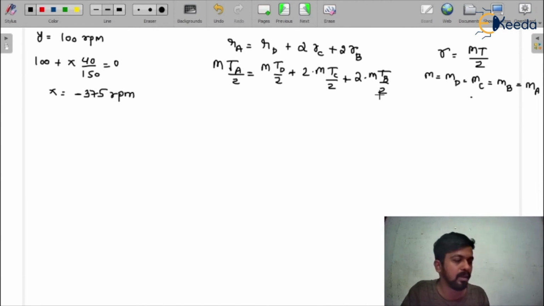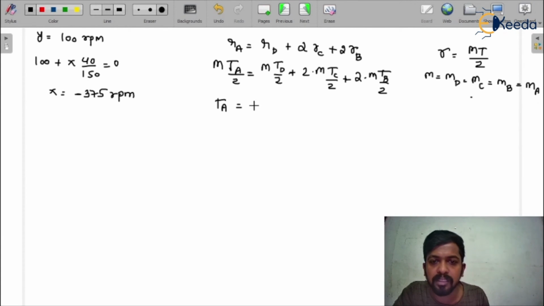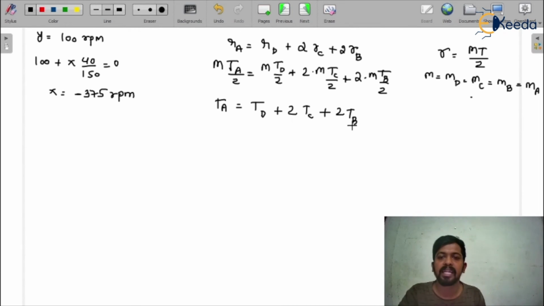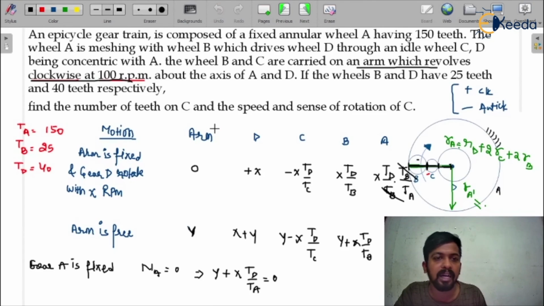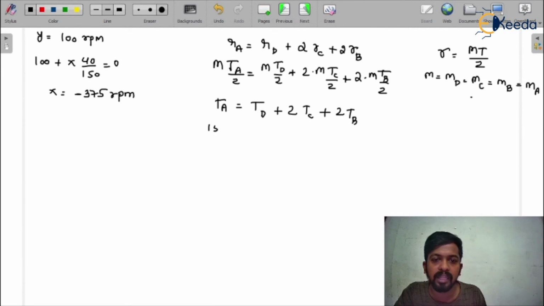So from here you can get the equation ta is equal to td plus 2tc plus 2tb. Now you just have to put the values of ta, td and tb in order to get the value of tc. We all know that in the question it is given ta is 150. This is the number of teeth on the gear A or annular wheel A, 150.